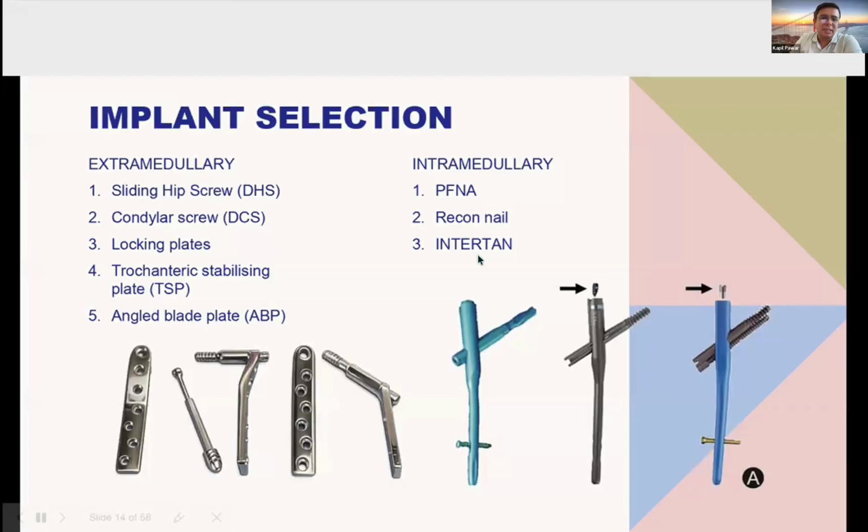There's something called a trochanteric stabilization plate, which can take out the problem with the DHS by buttressing the lateral wall. Then the angled blade plate, now reintroduced again with locking screws also. Intramedullary, you can go with a PFN type of nail with either a blade or a screw, a recon type of nail, or an InterTAN nail. We'll come to it one by one.